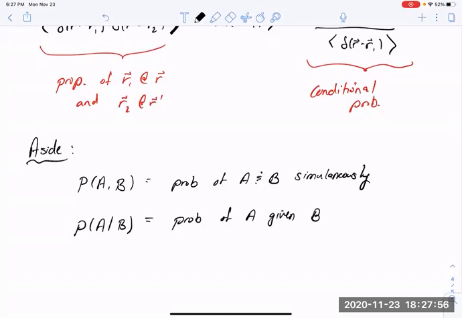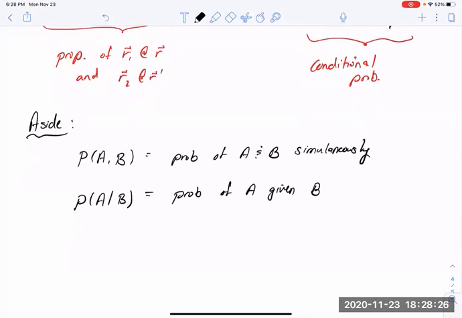Given I, I don't know, ran a 5-minute mile, what is the probability I can also pole vault? That's maybe not a very good analogy, but there is some correlation likely there between being able to run fast and jump far. That's what's encoded in a conditional probability, A bar B.